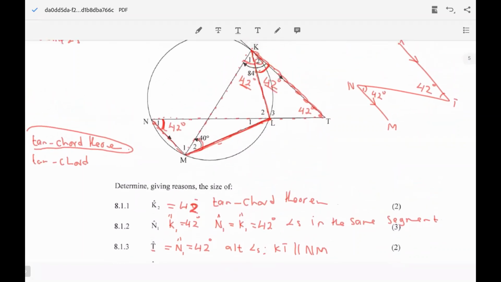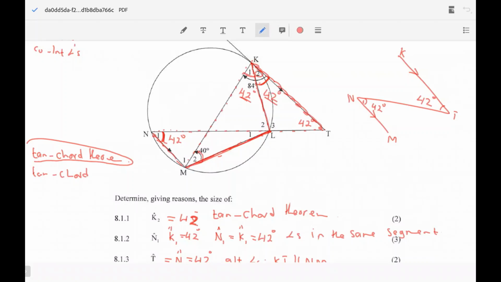Angle L2, where's L2? L2 is there, which is actually an exterior angle to our triangle KTL. So angle K2 there is 42 degrees, angle T is also 42 degrees, and this is angle L2 that we are looking for.